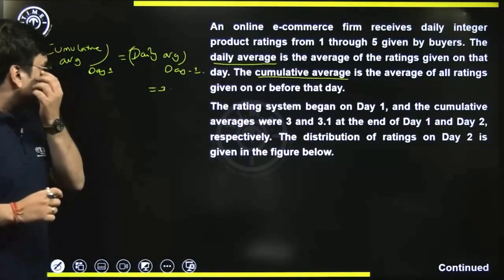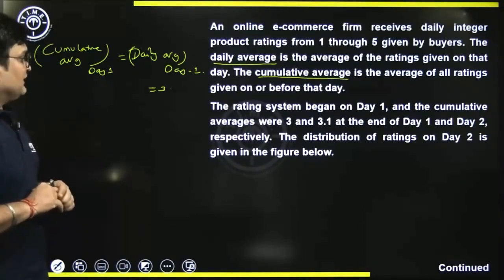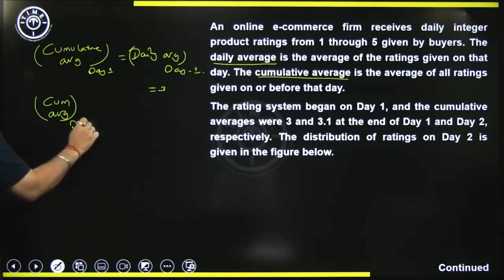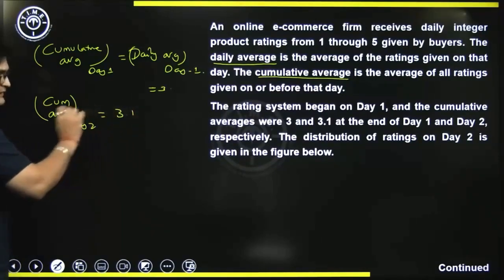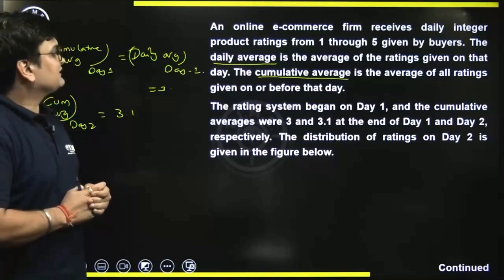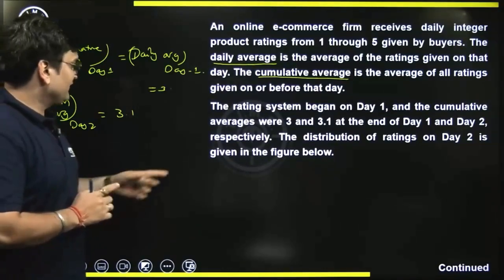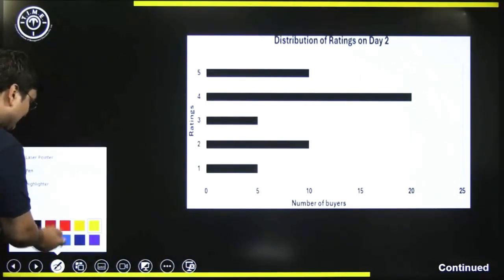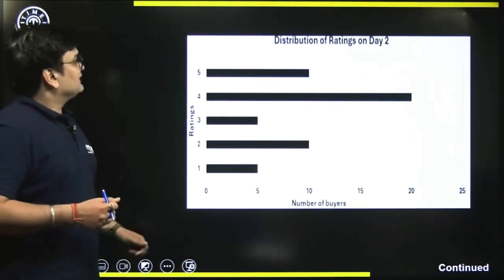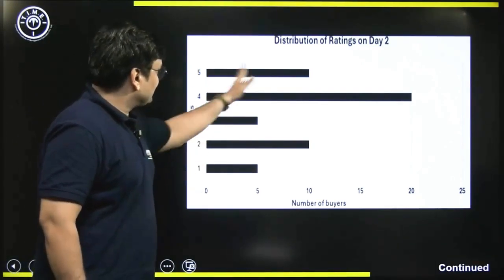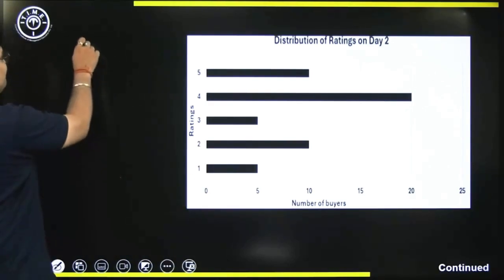So this is given to be 3. So daily average for day 1 is 3 and cumulative average for day 2 is 3.1. I write that, 3 and 3.1 respectively. The distribution of ratings on day 2 is given in the figure below. If you look at this graph, we can see the number of people rating 5, 4, 3, 2 and 1.